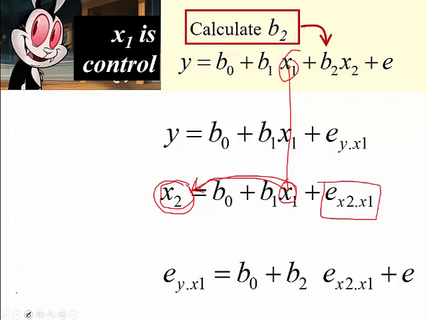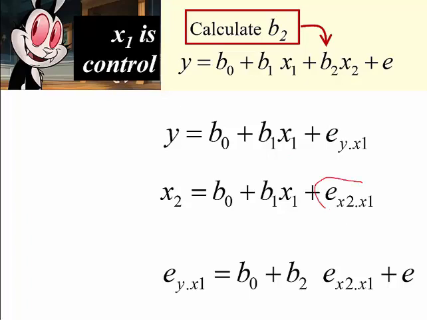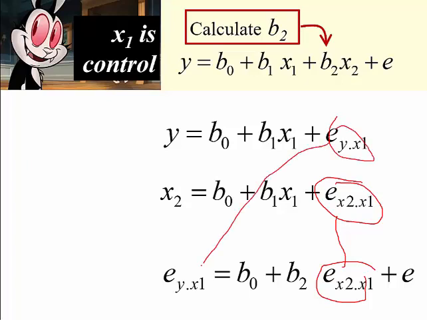And then I take the residual for x2 controlling for x1, and I use that to predict the residual for y controlling for x1 in a regression equation. So residual y controlling for x1 is equal to intercept plus slope times residual for x2 controlling for x1 plus error.